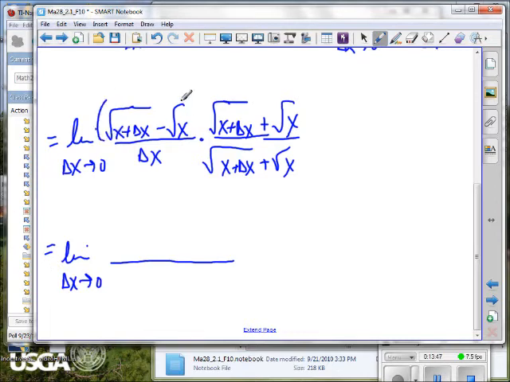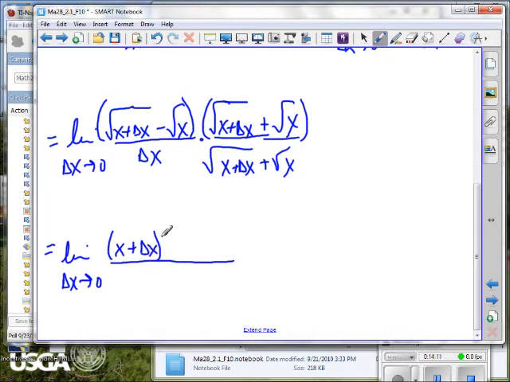Now if we look at these, much cleaner binomials up here. Multiply the first terms. Connor, what do we get when we multiply the first terms? Delta x, yep.